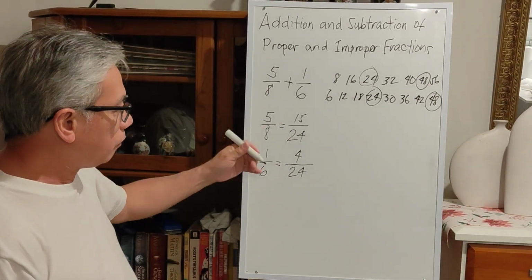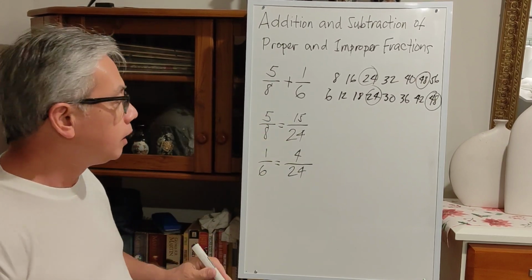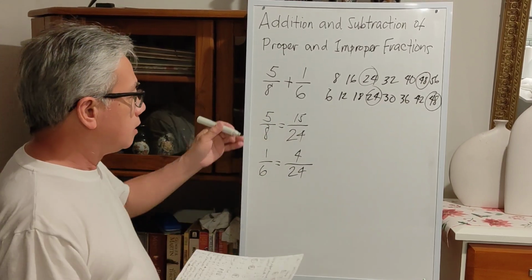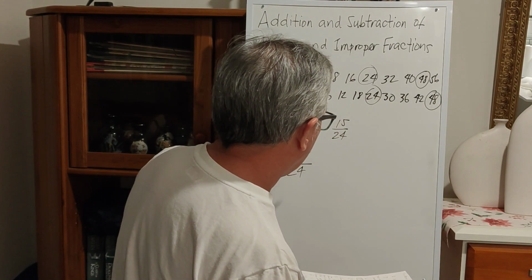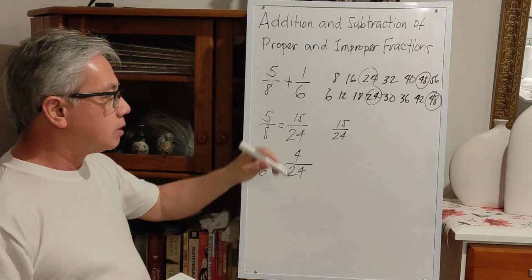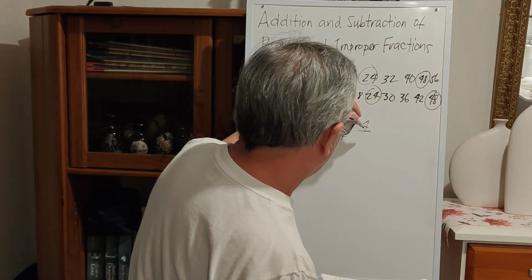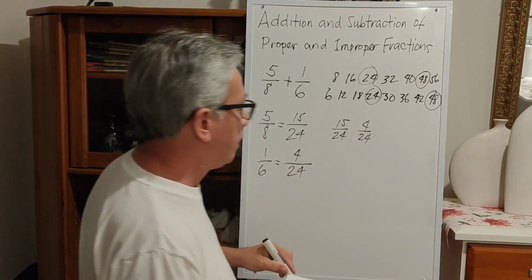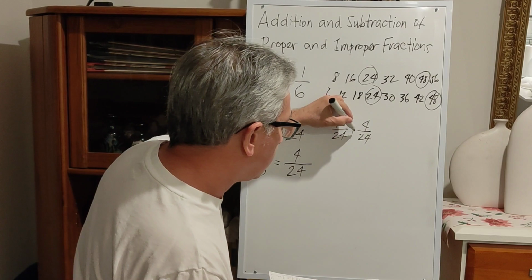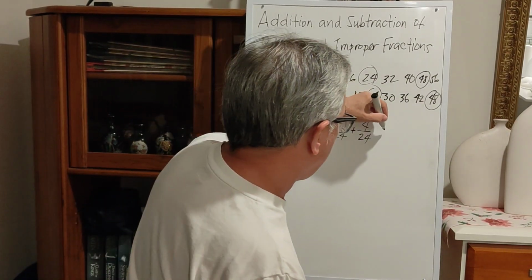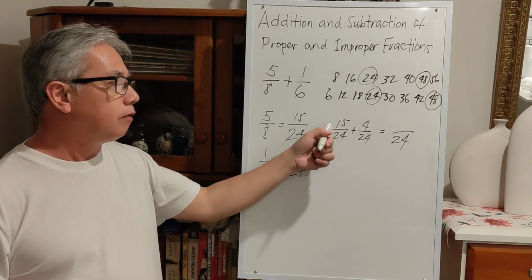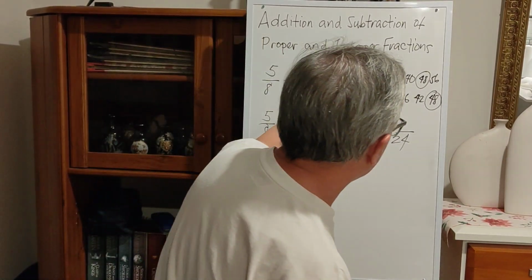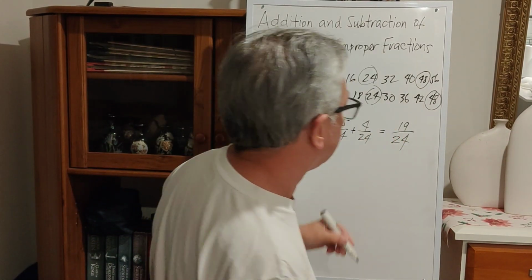Now they have the same denominator, so we can add. 5/8 becomes 15 over 24. 1/6 becomes 4 over 24. We can now add because they have the same denominator. So we copy the denominator and then we add 15 plus 4 is 19.